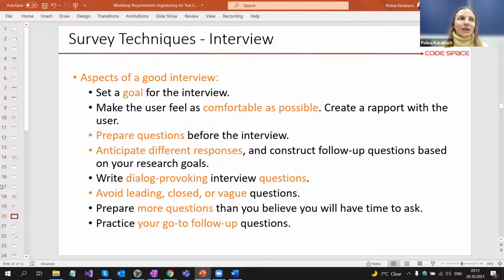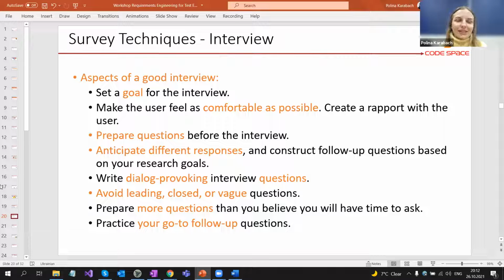We need to make sure our respondent and the interviewer is comfortable with the entire meeting, because if a person is stressed, doesn't feel safe or comfortable, it would be difficult to get really reliable and trustworthy information, even because a person might be restricted by some concerns. So building a good atmosphere during the interview is important.